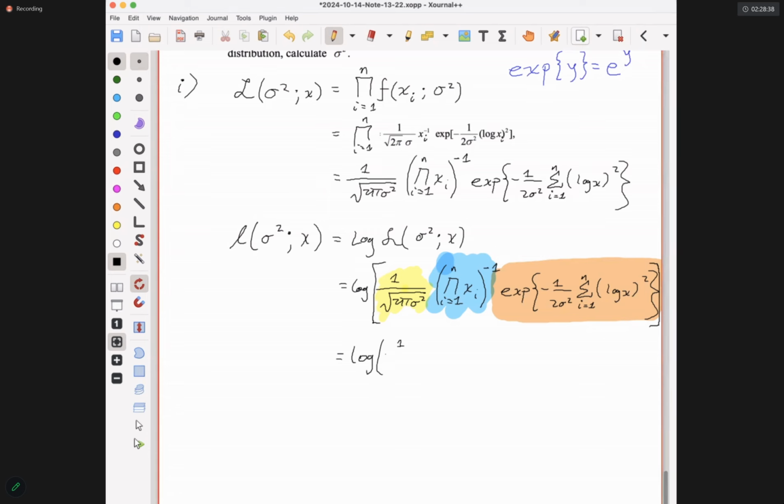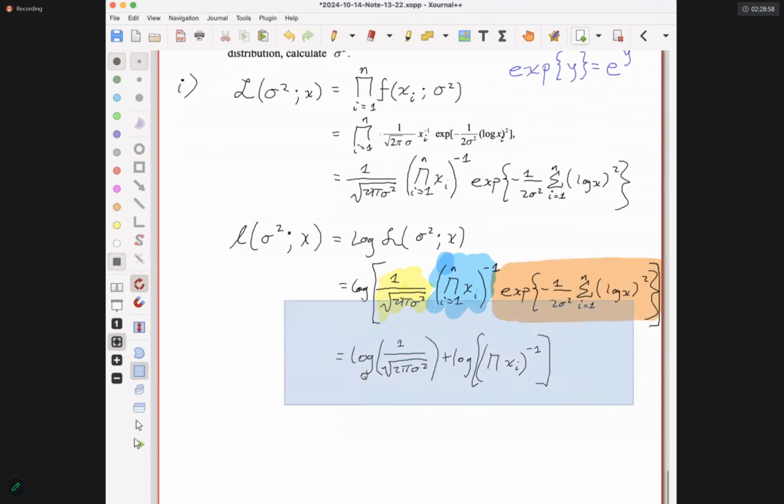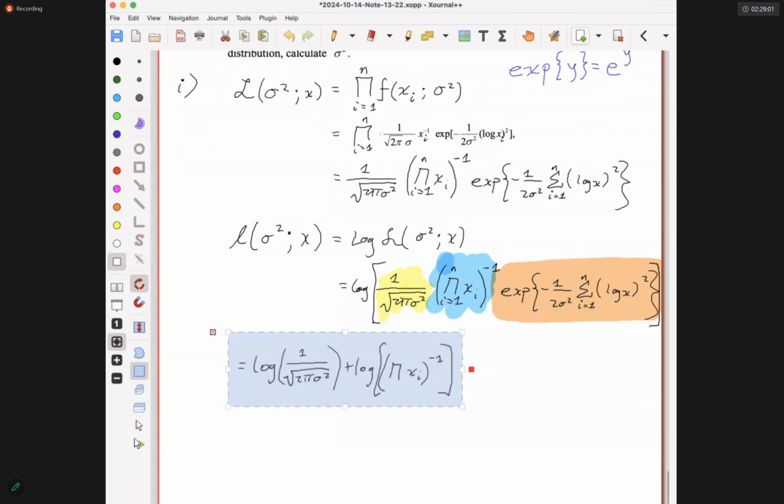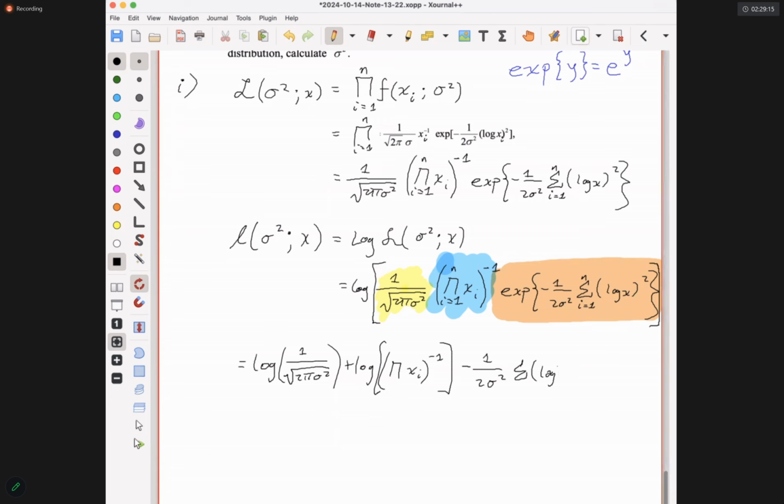So log of 1 over root 2 pi sigma squared, plus log of the product of xi's to the -1st, plus, and then this one, the exponential goes away because we're taking the log. So this one is just minus 1 over 2 sigma squared sum of log x squared.